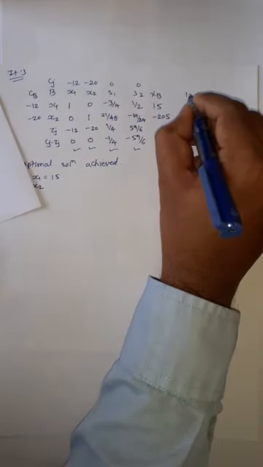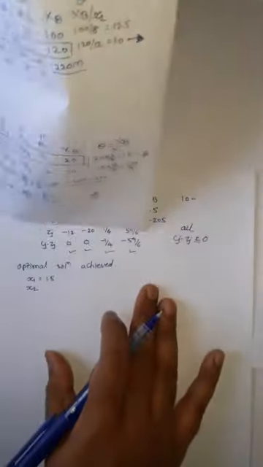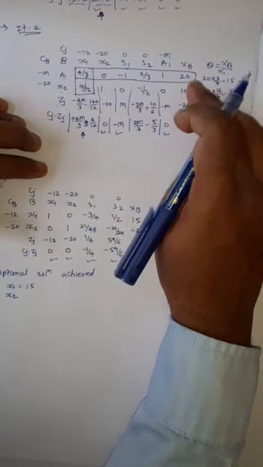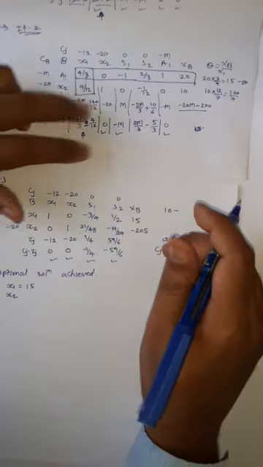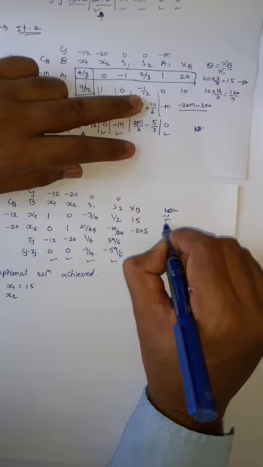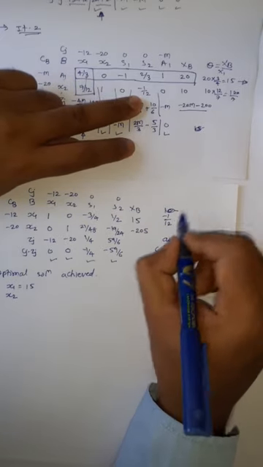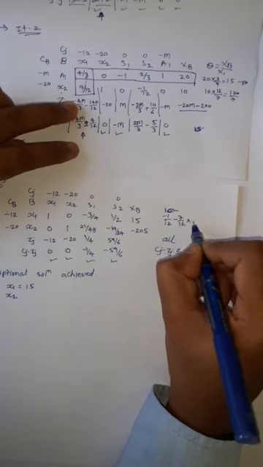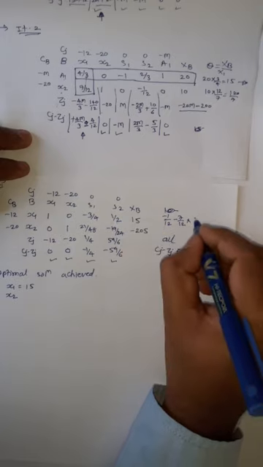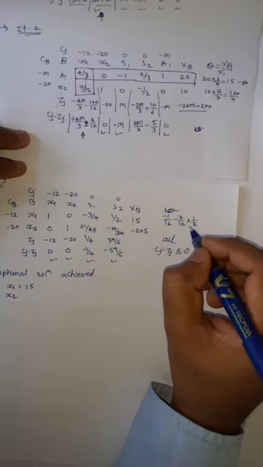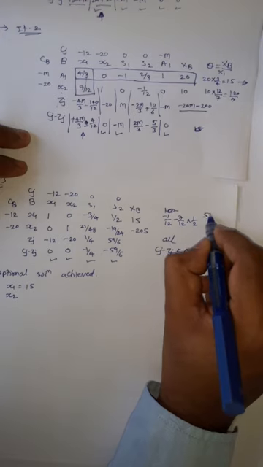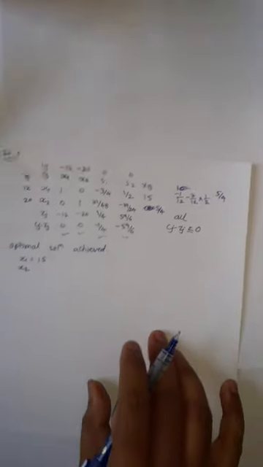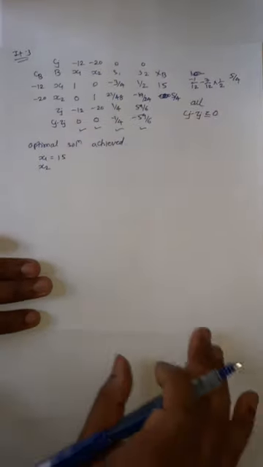I will solve here: 10 is the old element, sorry, not 10 here, minus 1 by 12 is the old element here. So minus 1 by 12 minus 7 by 12 multiplied by 1 by 2. So ultimately we get the value of 5 by 4. This was the mistake; it is 5 by 4. So we get the value 5 by 4 here.